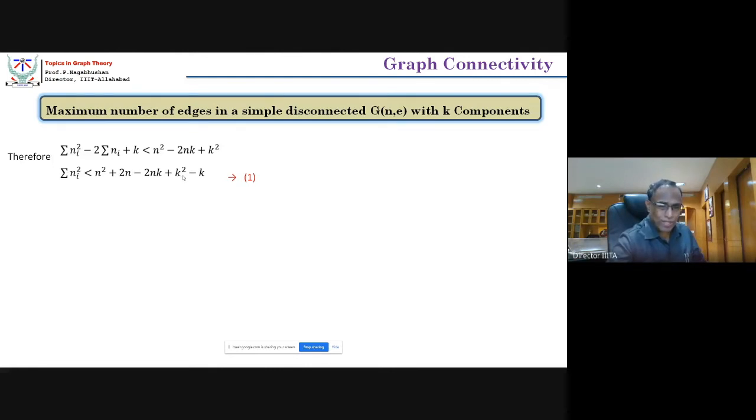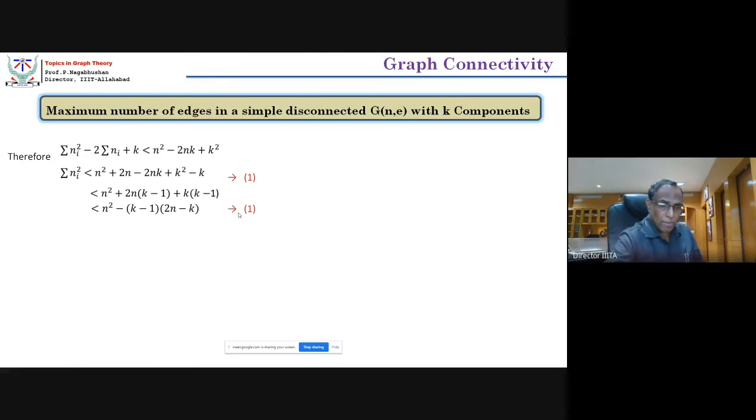You can simplify this inequality if you want. You can take out 2n common here, you can take out k common here. There is a (k minus 1) factor. You can keep it, or you can keep this inequality like this itself. So it is n square minus (k minus 1) into (2n minus k). You keep this inequality.